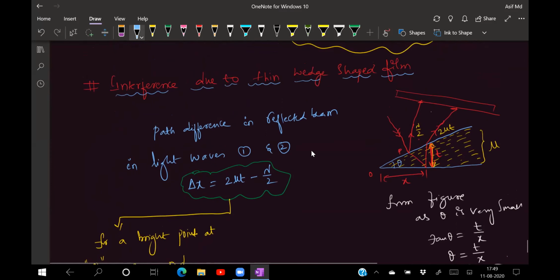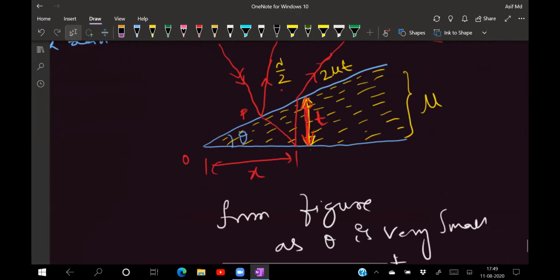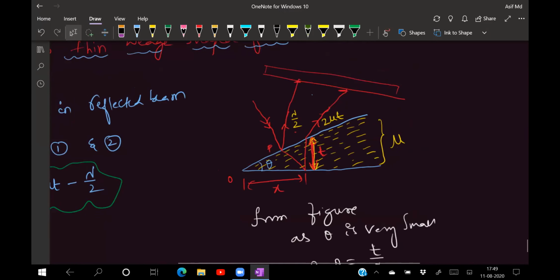This one you see. The figure which I have drawn is actually a much bigger figure, beta, but the figure will not be something like this. This is something like the screen where the interference is being seen right now.